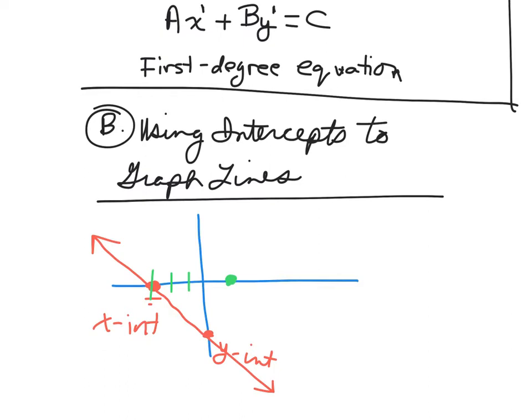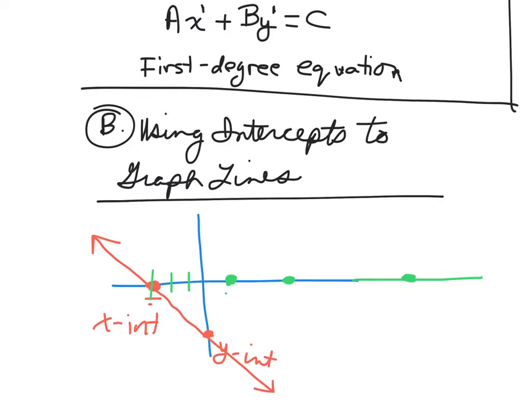Okay, what about this one? Positive. Okay, how about this one out here? 0. It's interesting that on all of your guesses, your y-coordinate was always 0, wasn't it? Wouldn't that be true of any point on the x-axis? No matter what point you pick on the x-axis, the y-coordinate is going to be 0.